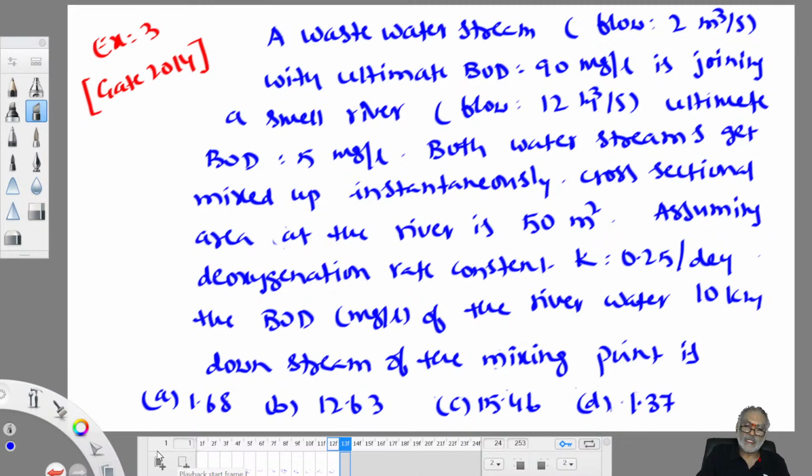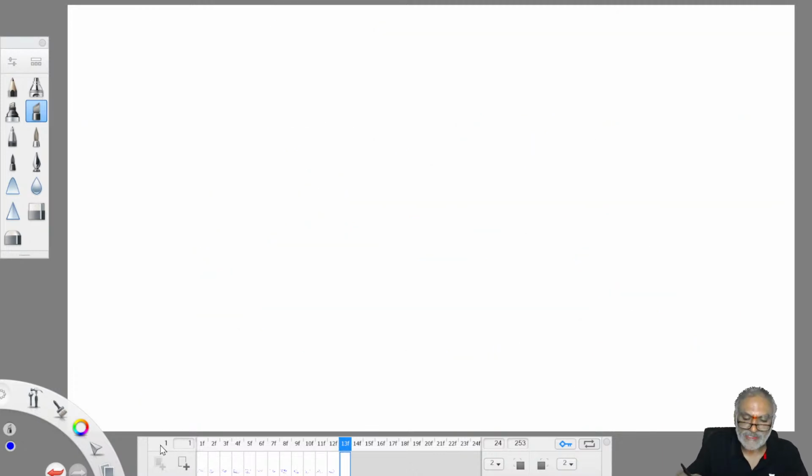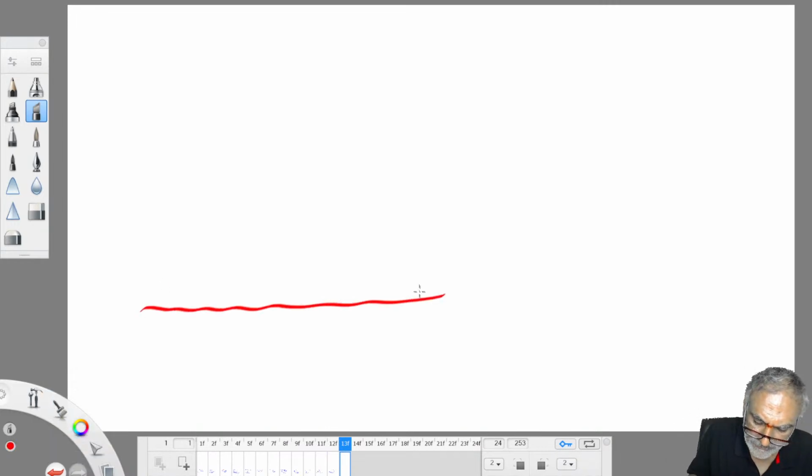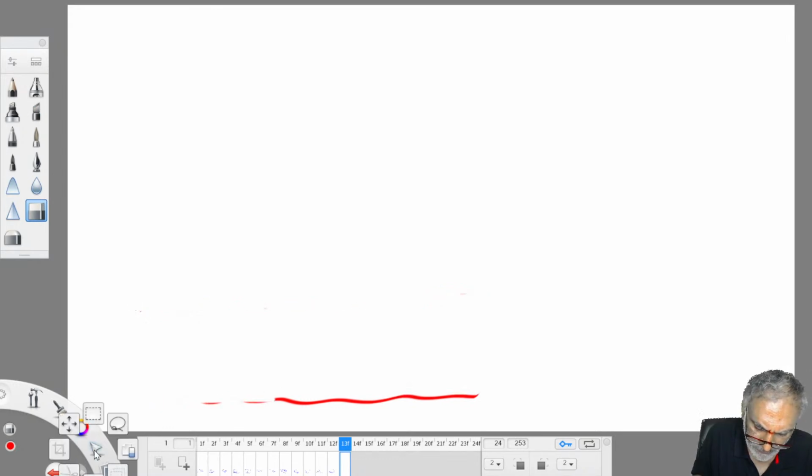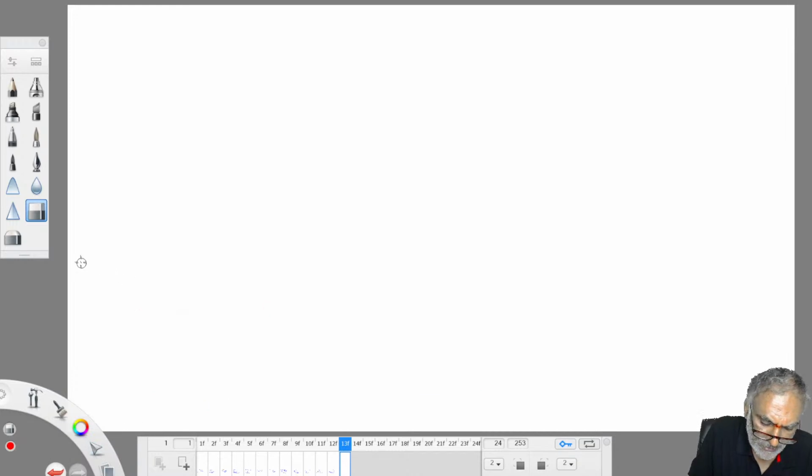So he is not asking immediately after mixing, he is asking 10 kilometers after mixing. Okay? This is a river. So there is a river flowing.